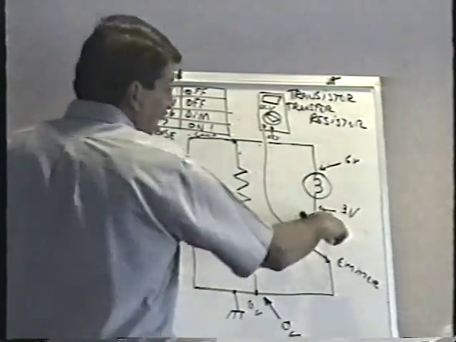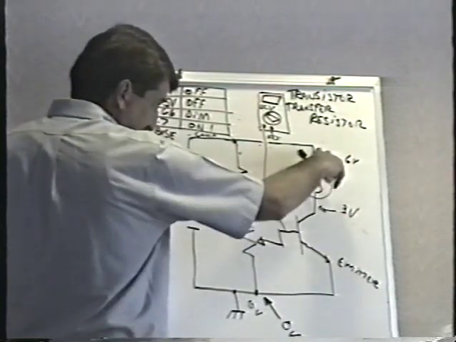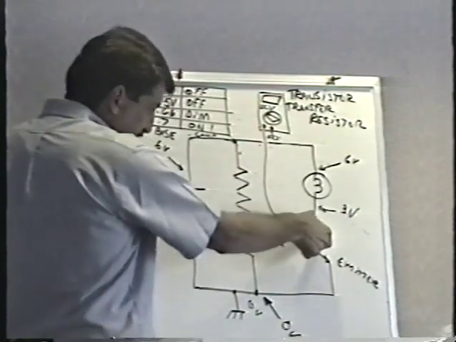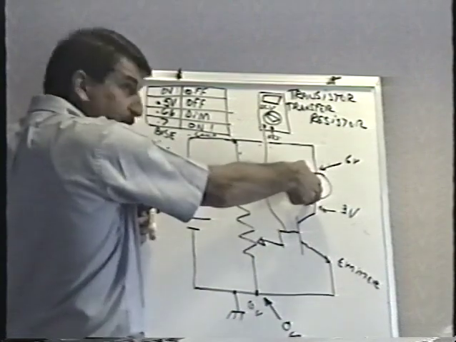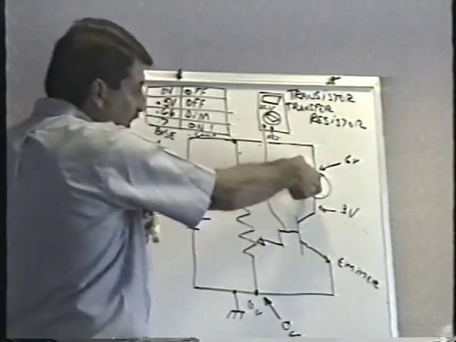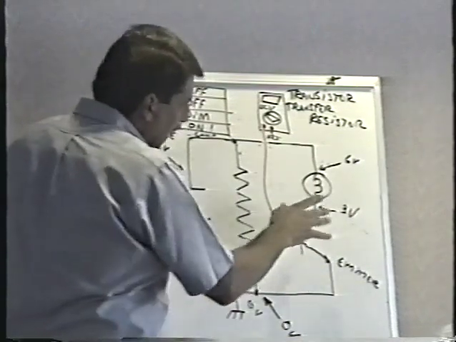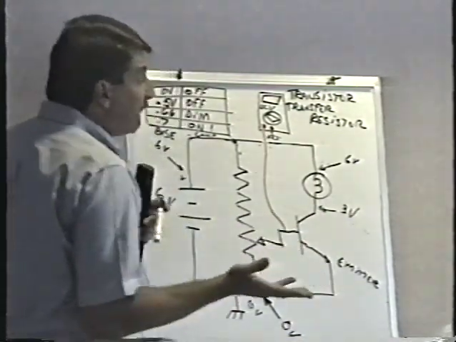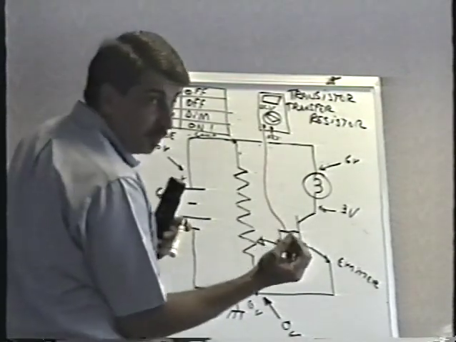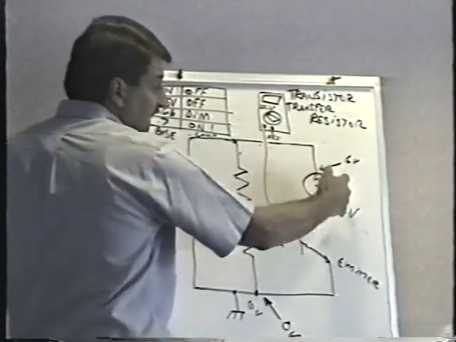As a matter of fact, if I have 3 volts here and 6 volts here, the resistance of the transistor must be exactly the same as the resistance of the lamp. It forms what we call a voltage divider. And you don't really have to know that right now. But the lamp is dim because it's a 6-volt light bulb. I have 6 volts on one side, 3 volts on the other.